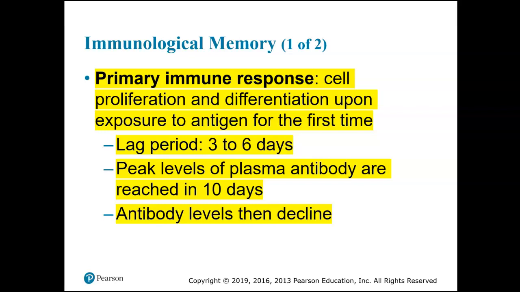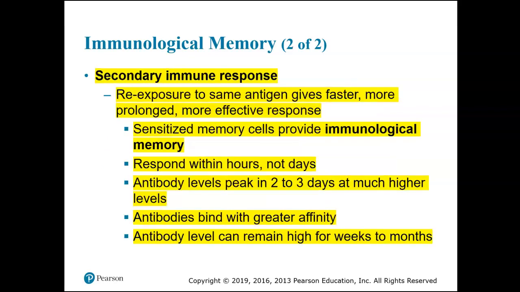In the primary immune response, when the immune system is attacked by a specific antigen for the first time, there's a 3 to 6 day lag period. By 10 days, your blood will have reached peak levels of antibodies in the blood plasma. And then after 10 days, you will see those levels of antibodies decline.